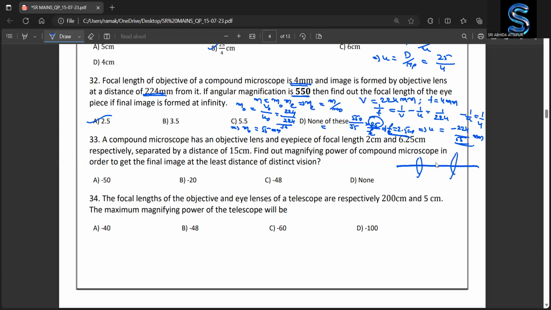These two are separated by a distance of 15 centimeters, whereas the image is formed at a distance of v naught equals 10 centimeters. And here the object distance for the eyepiece will be 5 centimeters. Why? Because the image is formed by the objective lens at a distance of 10 centimeters.